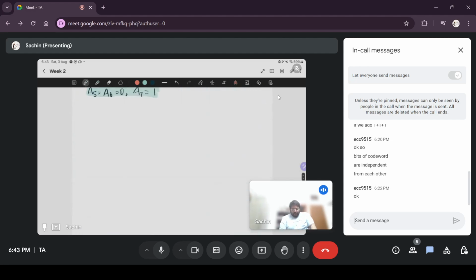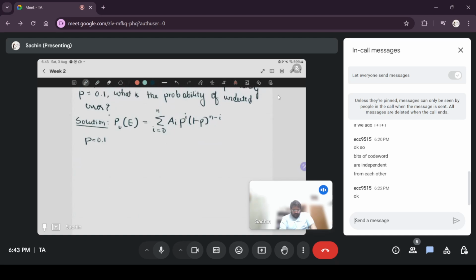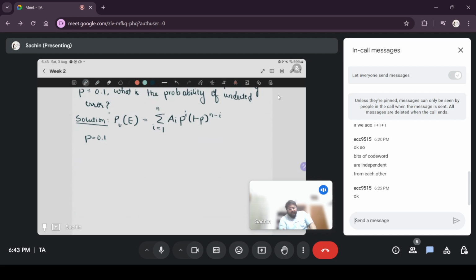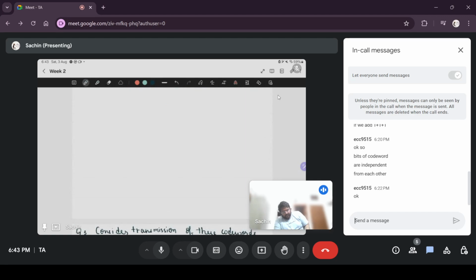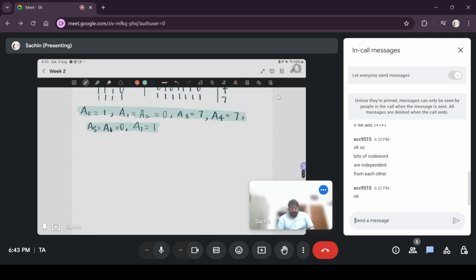You won't consider a0, you will start from 1, because what you are sending is 0000, and if you receive 0000, then there is no error. There's no probability of error there when you send 0 and get 0. So what's left is a3 is 7, a4 is 7, a7 is 1.